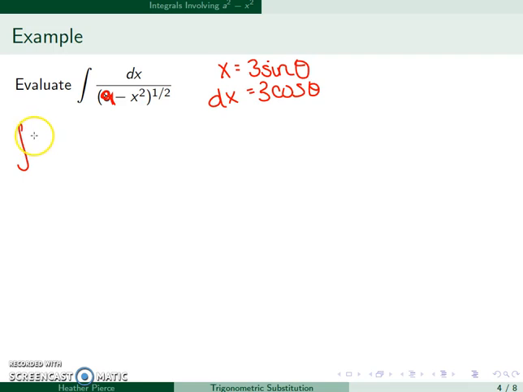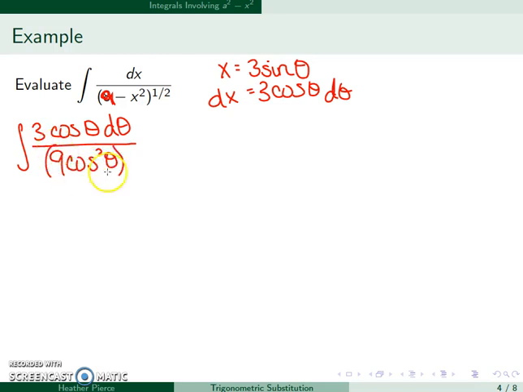So the numerator here is dx, so that's going to turn into a 3 cosine theta d theta. The denominator is the square root of 9 minus x squared. So, as I've said before, when I substitute this in, this is going to become an a squared cosine squared theta to the 1/2 power.